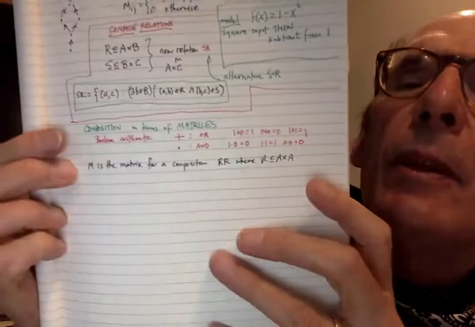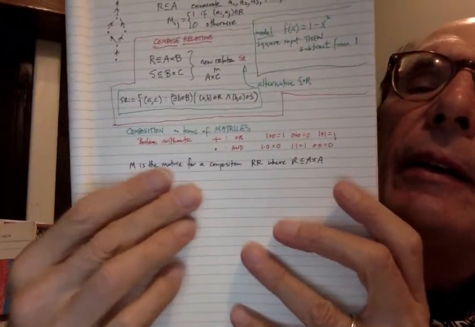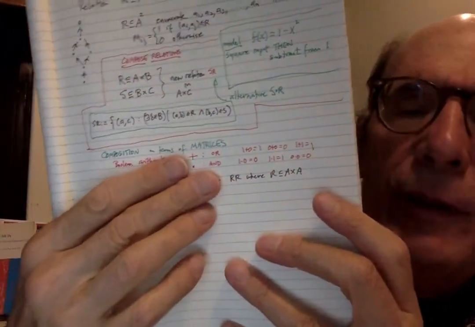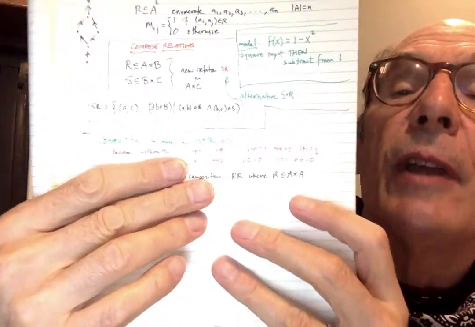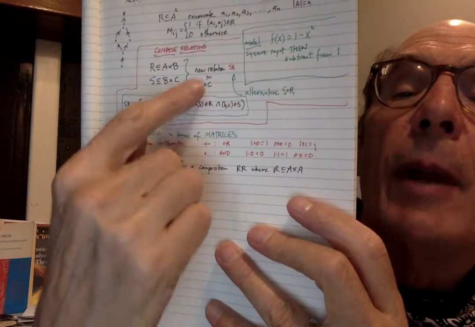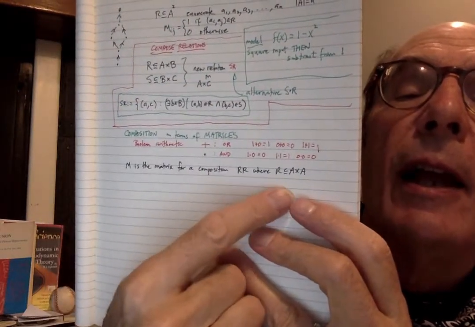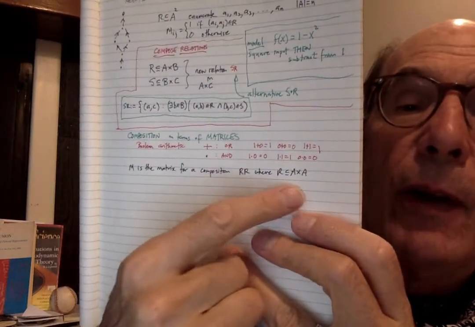So M is the name of the matrix, and the composition is RR. I guess the order doesn't matter here because they're the same, and it certainly matters up here, but it doesn't matter here. And R has to be a relation on A cross A.